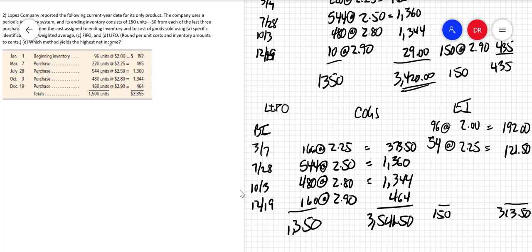Now the point here is this $3,541.50 is higher with LIFO because you're in a period where costs are increasing, and this will make your net income lower. With FIFO, it's the opposite. If you're in a period where costs are rising, cost of goods sold are going to be a little bit lower than LIFO, and your net income will be bigger.